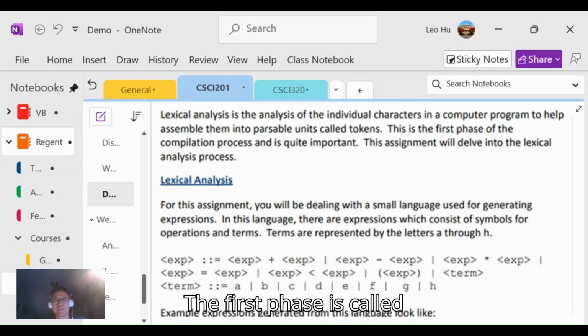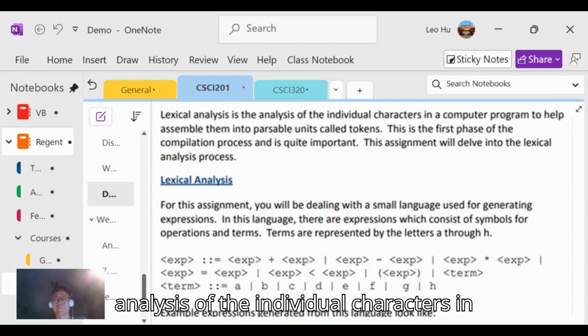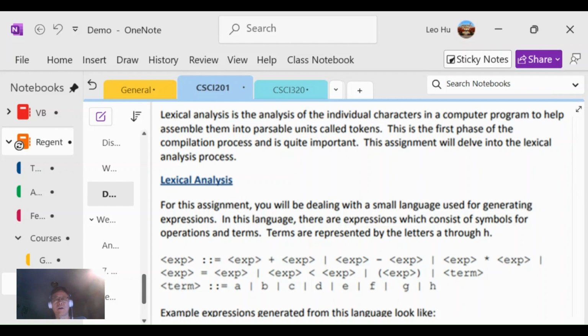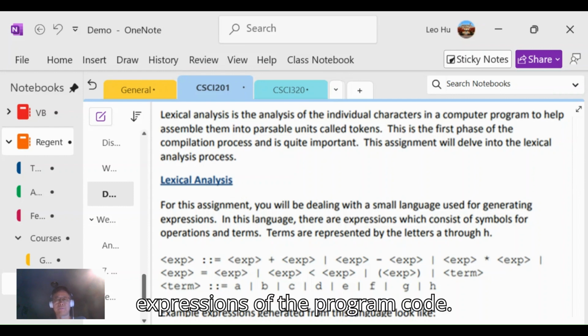The first phase is called lexical analysis. Lexical analysis is analysis of the individual characters in a computer program to help assemble them into parsable units called tokens. That means lexical analysis is to figure out tokens in expressions of the program code.